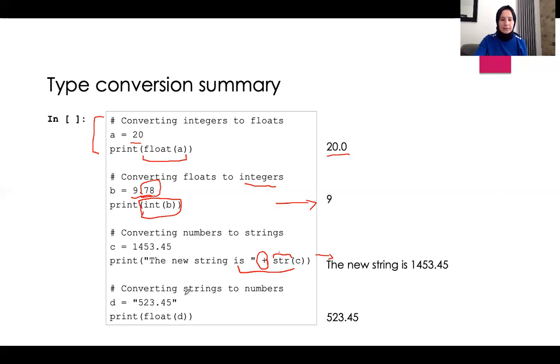Another casting given as an example is from string to numbers. We have a string value, and we know it's a string because it is used with quotes. Therefore, this number is a string. If you want to turn it into a number, you can use float. Here we use a float, right? And this is the result you will get.